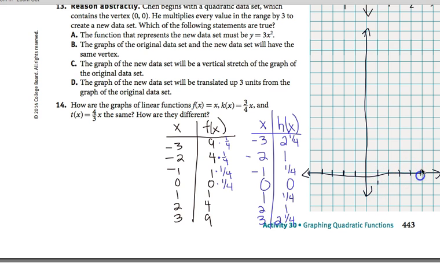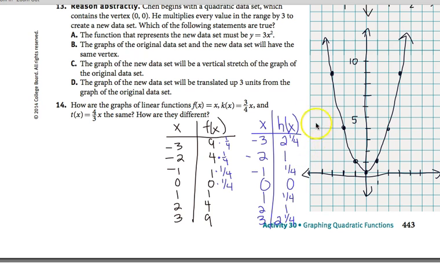So this is 1. And 1, 2, 3, 4, 5, 6, 7, 8, 9, 10. So plotting our parent graph, -3, 9, -2, 4, -1, 1, 0, 0, 1, 1, 2, 4, and 3, 9. So there's our parent.